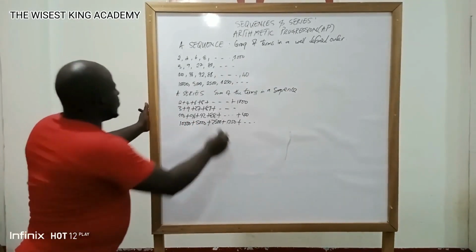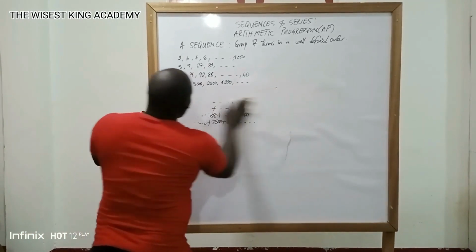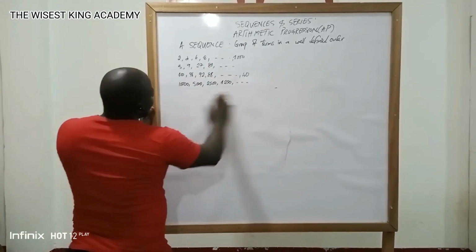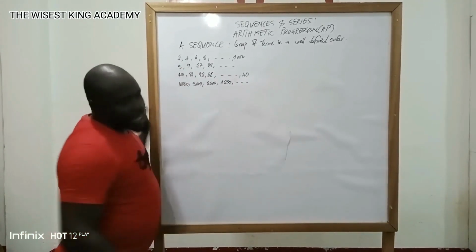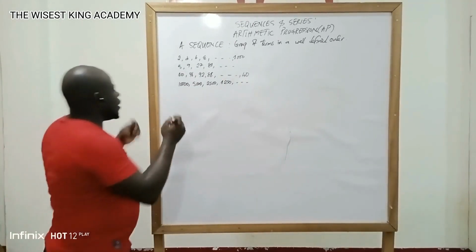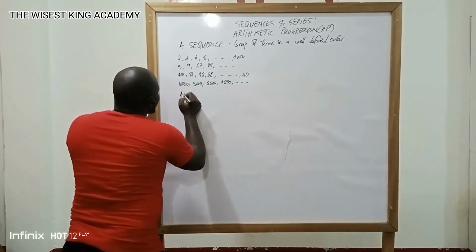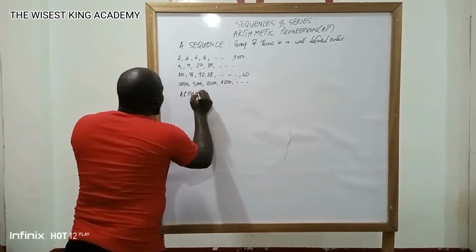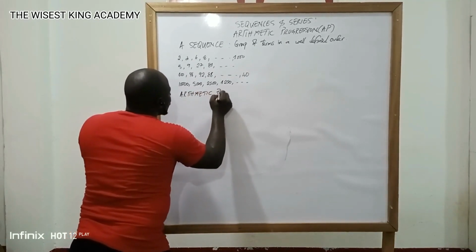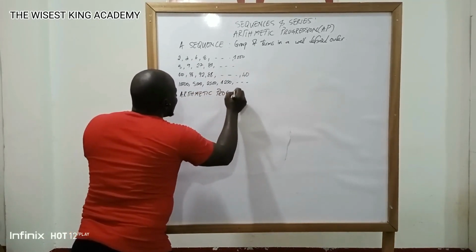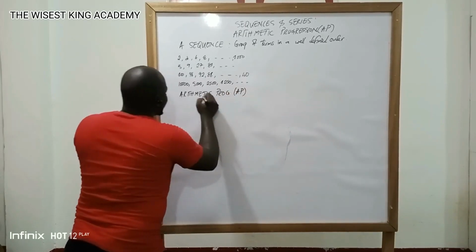topic of the day. Now, I'm not going to wipe these examples up because we are going to use them. So, arithmetic progression. Let me abbreviate. We call it AP.